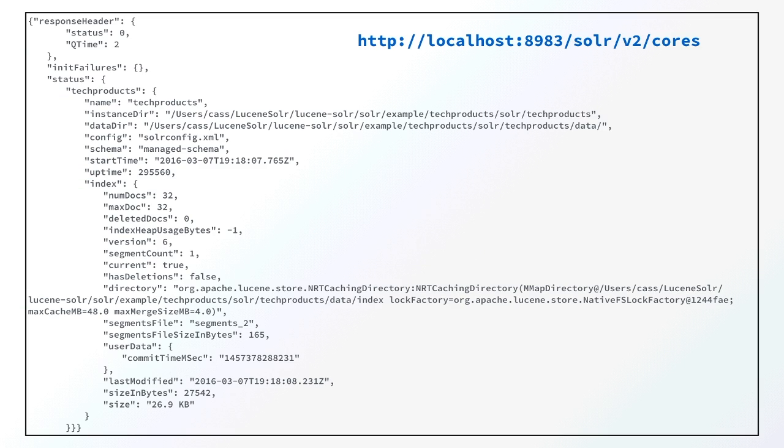So if we take a look, here's a simple request to return all cores. In this case, I just wanted to see the cores, and this was a single node Solr, not using Solr Cloud, so I used the core APIs. It's just the standard tech products example.